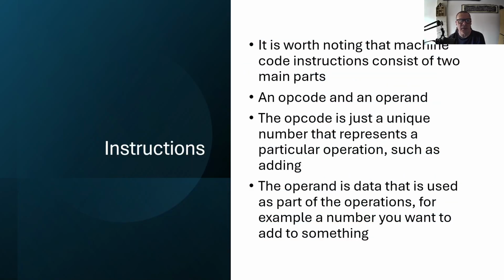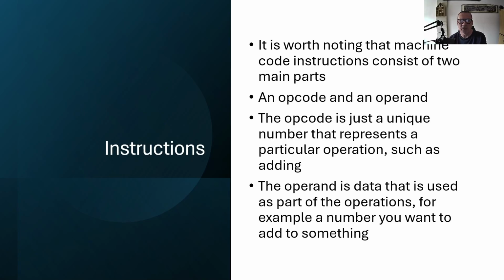It's worth noting that machine code instructions are made of two main parts, at least in our simple view of the world. So an opcode and an operand make up an instruction. The opcode is a unique number that represents a particular operation, such as an add.